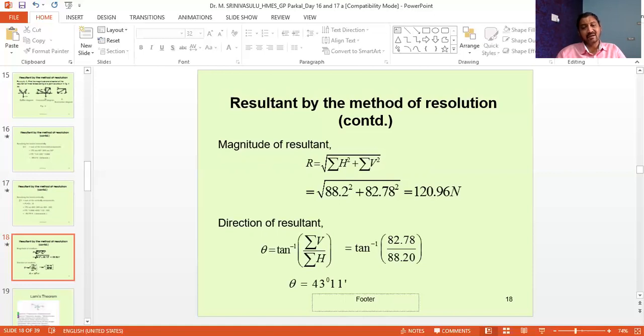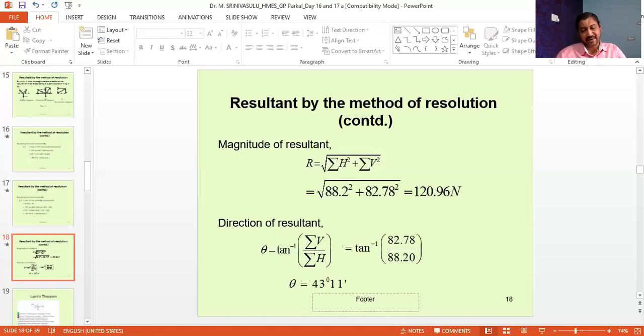Here also we have not substituted the negative, because whether it is a positive or negative value, we will get the same value of theta. But the positive and negative signs will be useful to decide the quadrant in which the resultant force is acting.